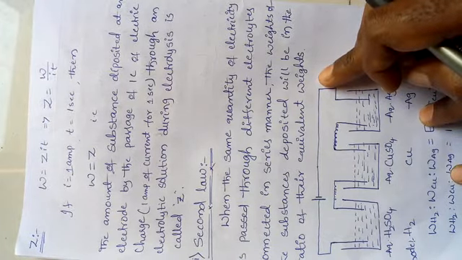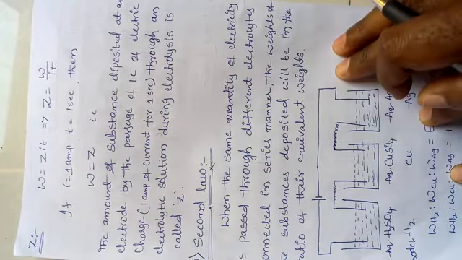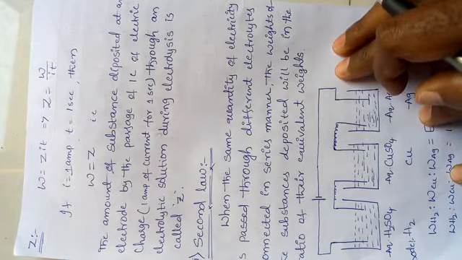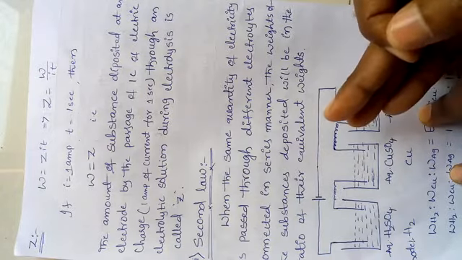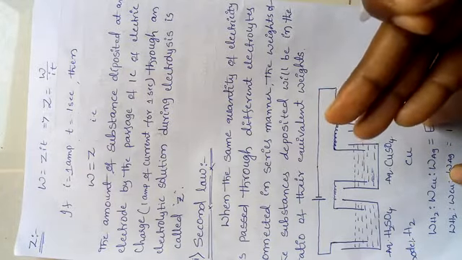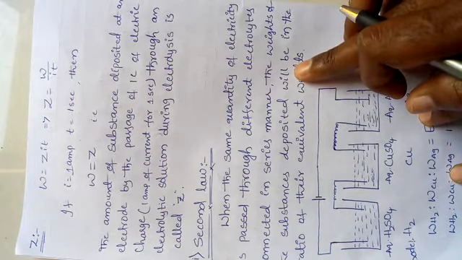That means the current passing through all the electrolytes is the same, but the amount of substance deposited at the electrode depends on their equivalent weights. If the equivalent weight is more, the deposited amount of product is also more. This is Faraday's second law.